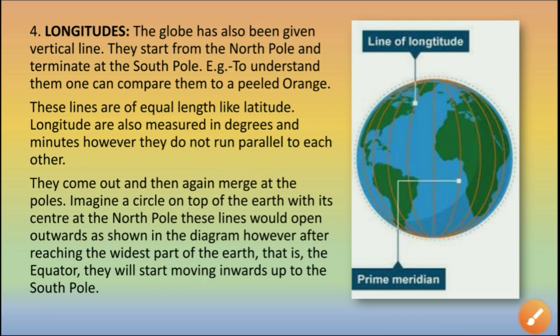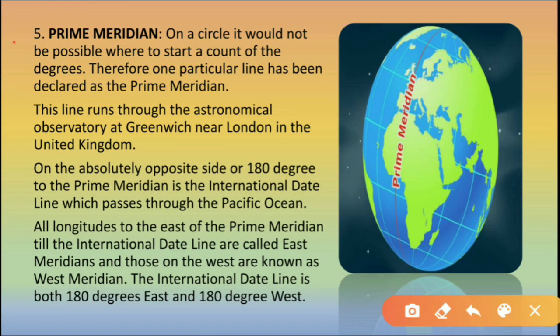Now moving to the next topic, that is the prime meridian. See the explanation. On a circle, it would not be possible to know where to start a count of the degrees. Therefore, one particular line has been declared as the prime meridian.